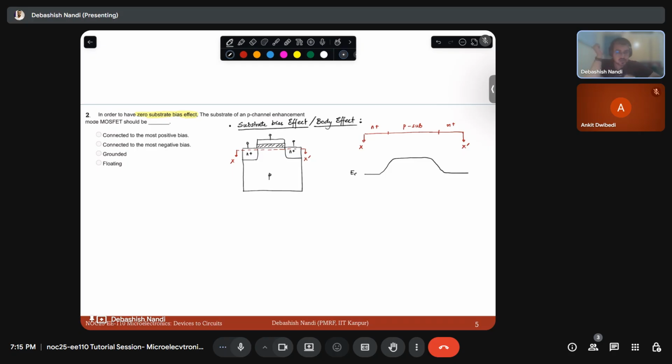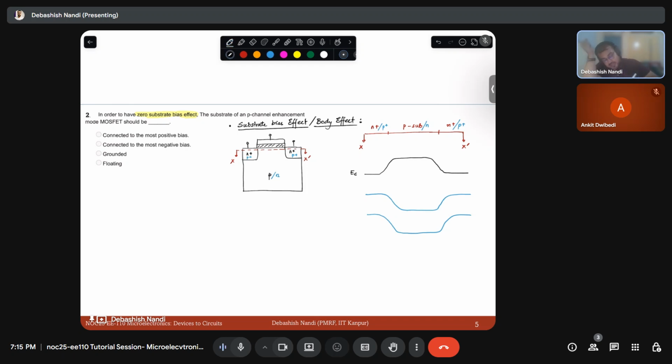Now what will happen in case of P channel MOSFETs? Let's say this is your P plus, and this is N. So this becomes P plus, this becomes N type, and this becomes P plus. Your band diagram will look something like this. This is your EC, and similarly you will have your EV.